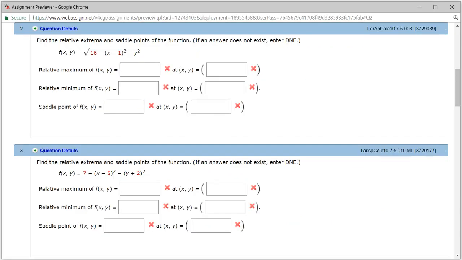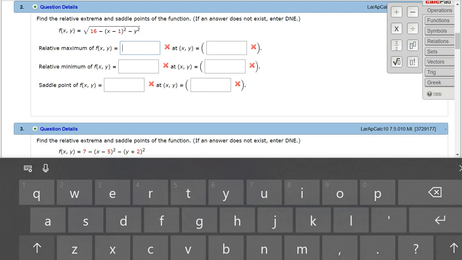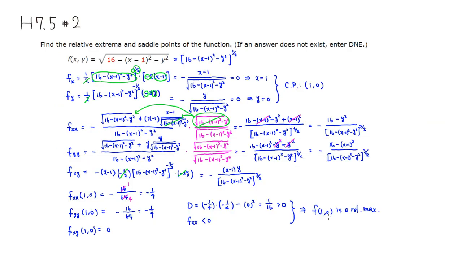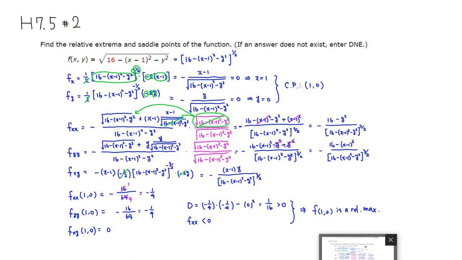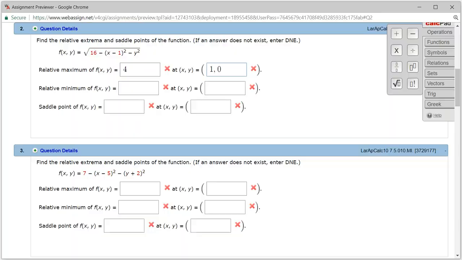So let's type it in. We got the relative maximum, and we haven't computed its value yet. At (1, 0), the square root of 16 is 4, so the value is 4, and (1, 0) is the local maximum.